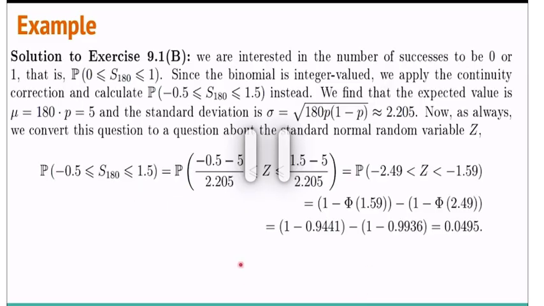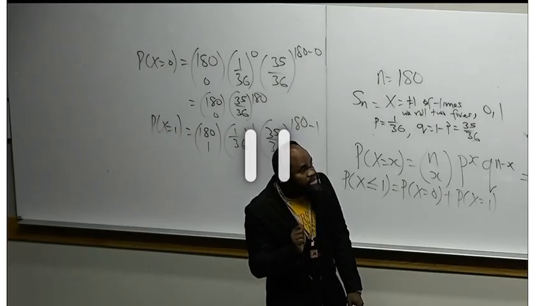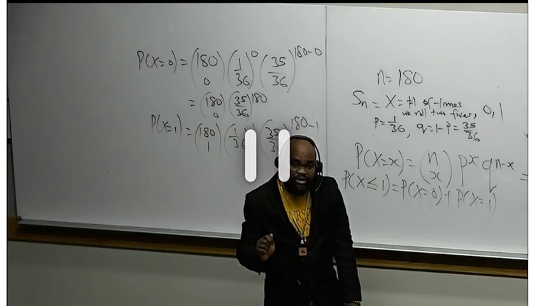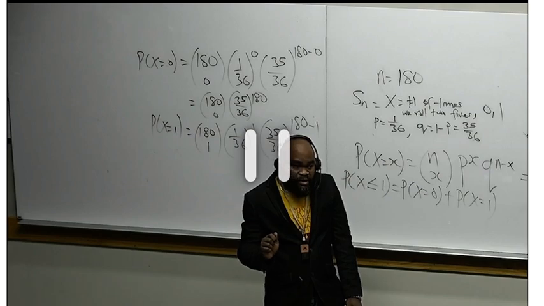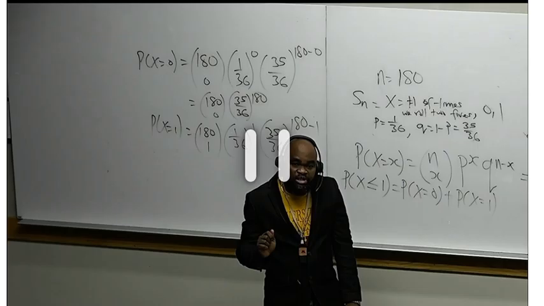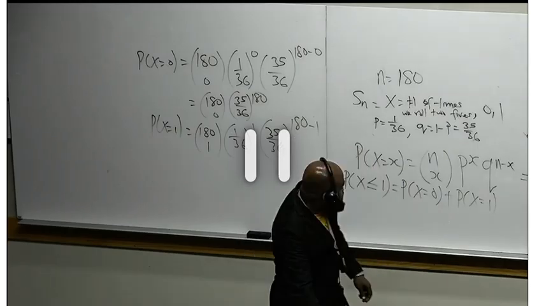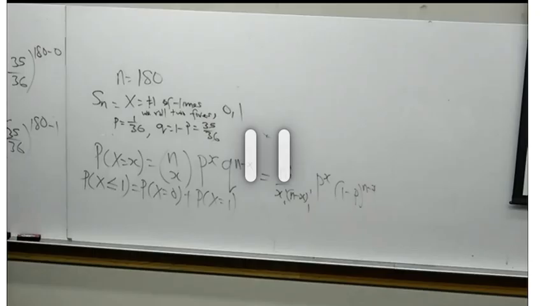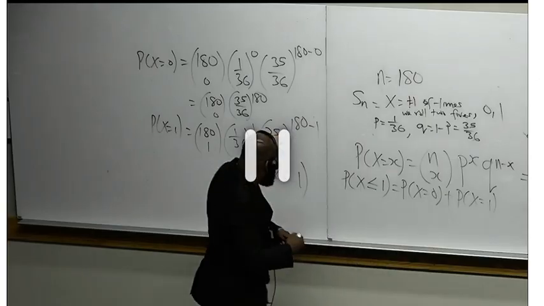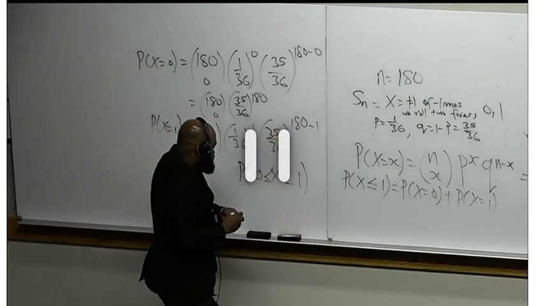If I want to use approximation, I want to use a normal approximation. Don't forget, we want to find S equal to 0 and 1. That means I actually want to find X between 0 and 1, and it has to include 0 and 1.